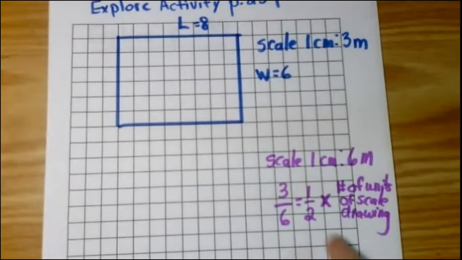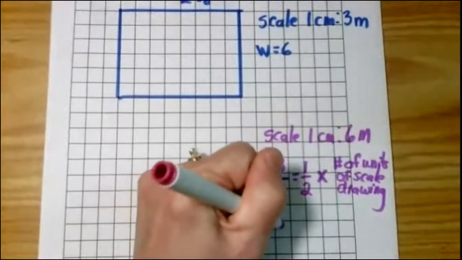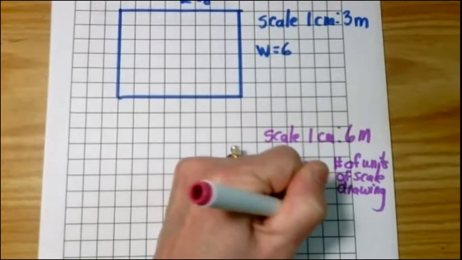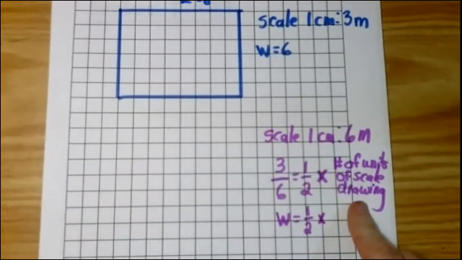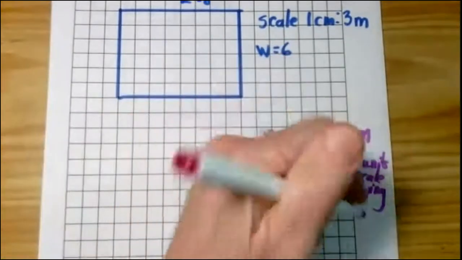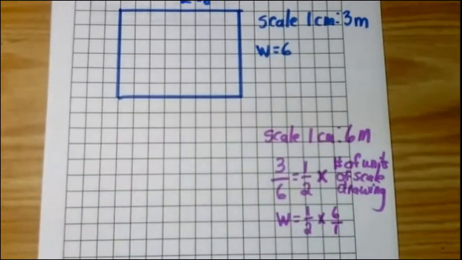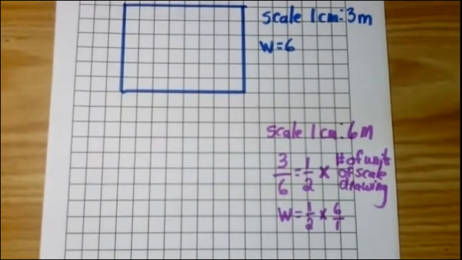So we're going to take our 1/2. This is for our width now. Our width is going to equal 1/2 times the current number of scale units, 6. And we're going to put that over 1 because we're not solving for a missing x now. We're just trying to reduce or increase the size of our representation of centimeters to meters.